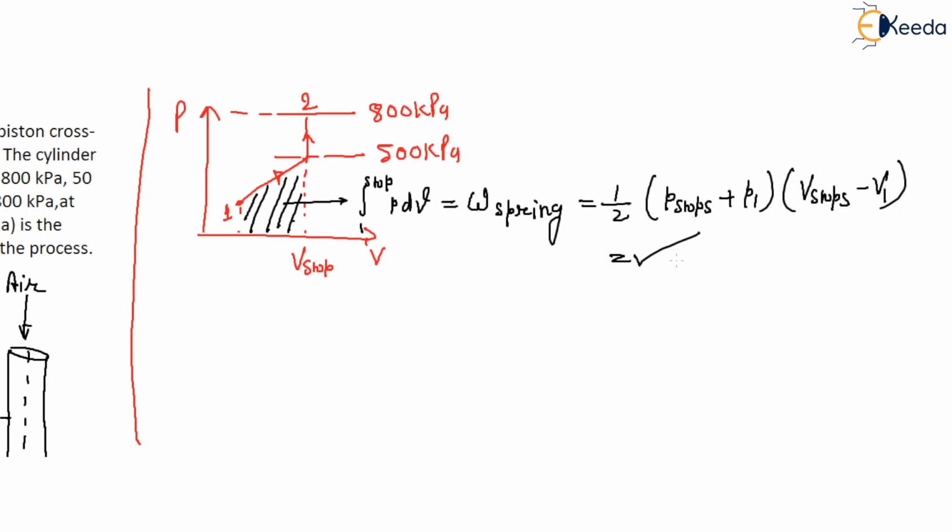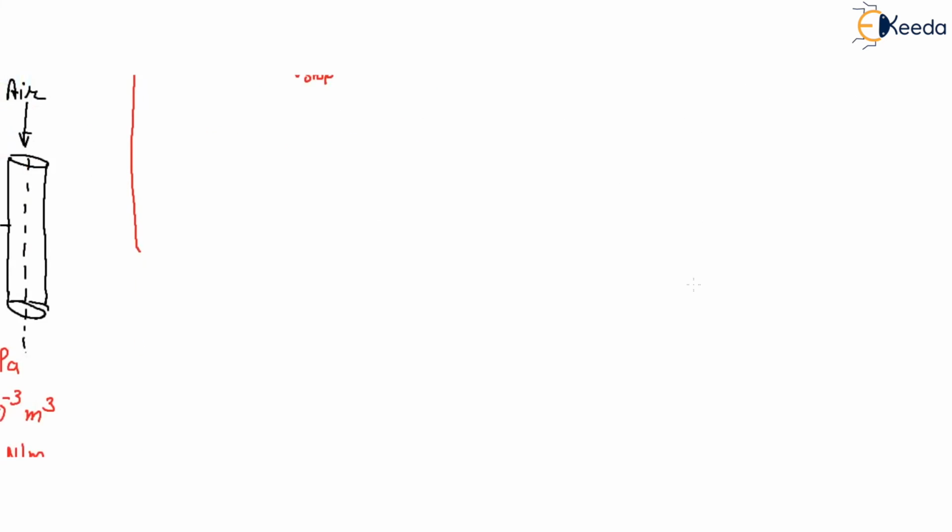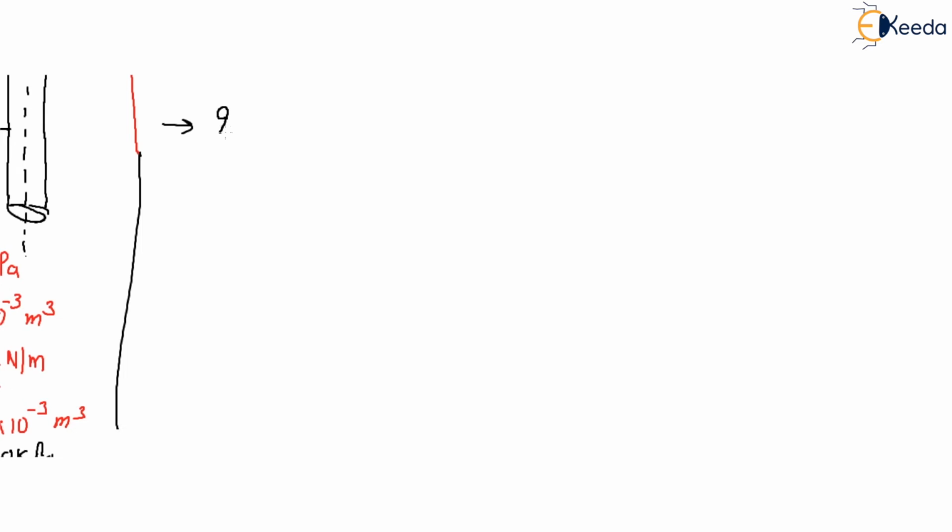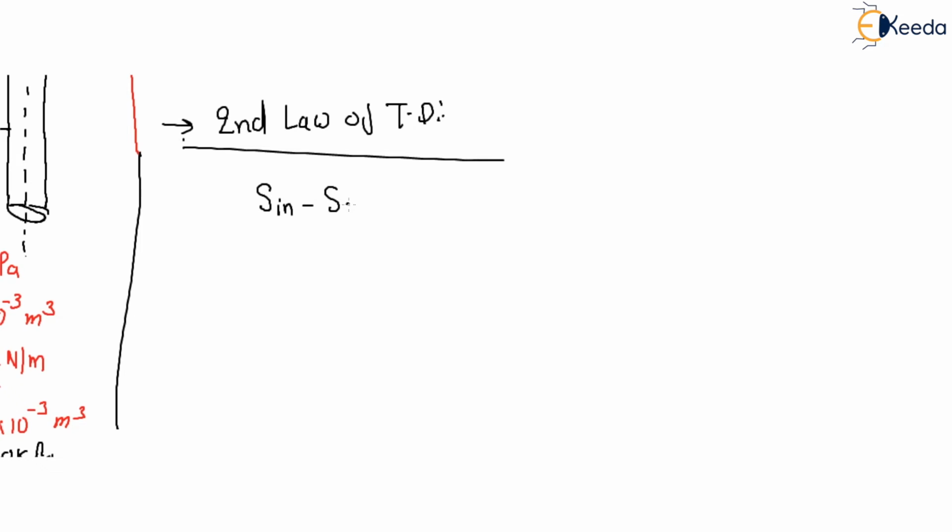Now calculate the net entropy generation. For the net entropy generation, use the second law: S in minus S out plus S generation equals delta S of the system, right? So what is S in?